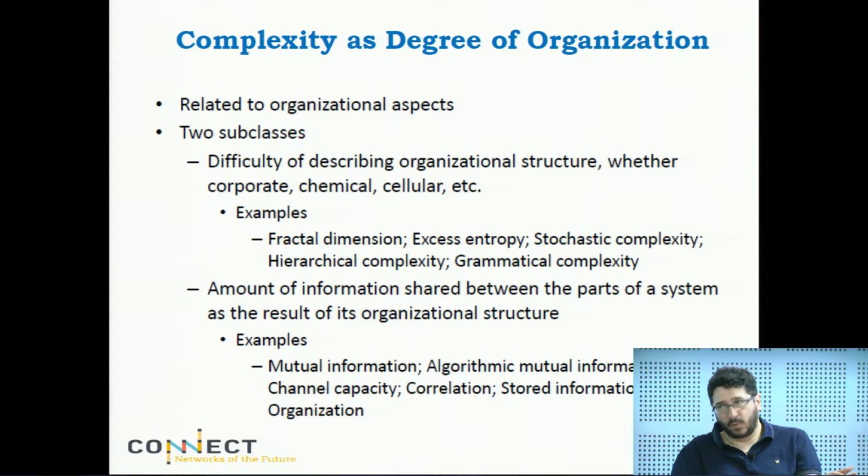The one we have been mostly using is this one, though. It's the degree of organization. So essentially, it's how difficult it is to describe some organizational structure. It could be cellular also in the biological sense, I mean, chemical, corporate, and so essentially how even visual is the complexity. This is something we thought about because a lot of the things we do in communication networks are about taking decisions over some space, and you could even picture things with different colors if you want.